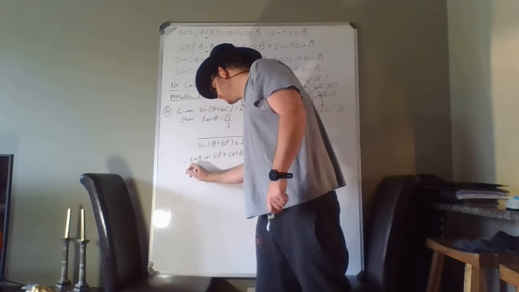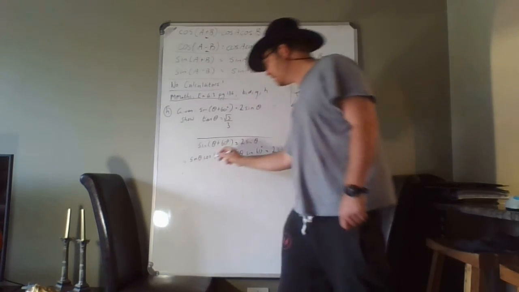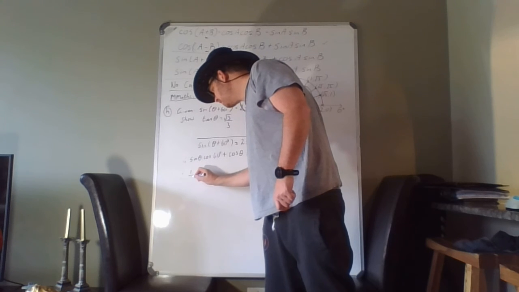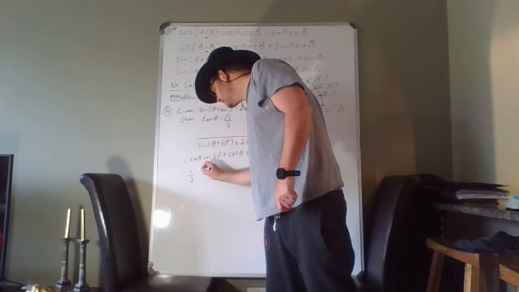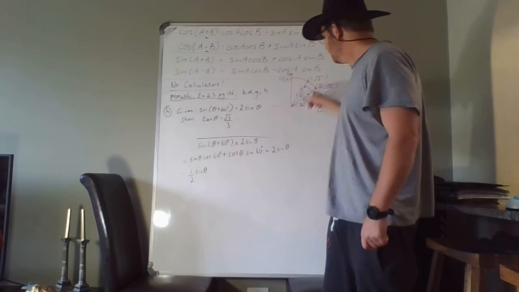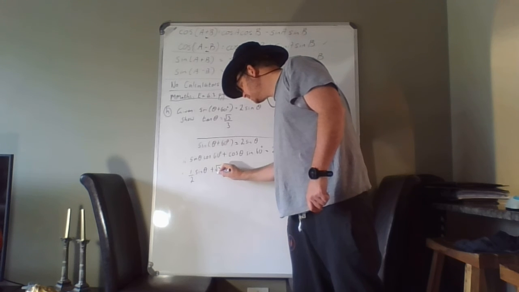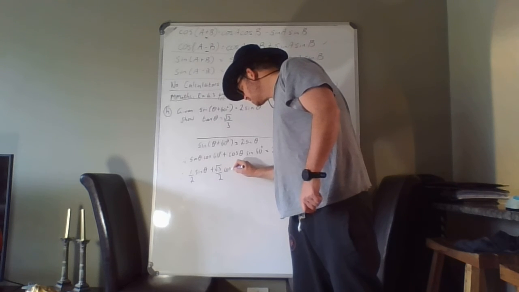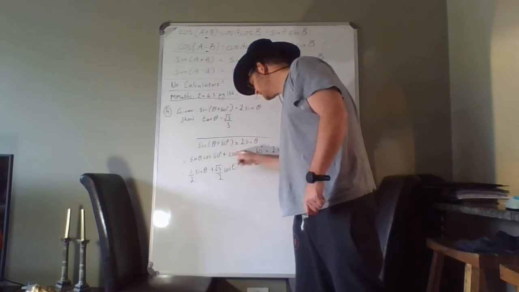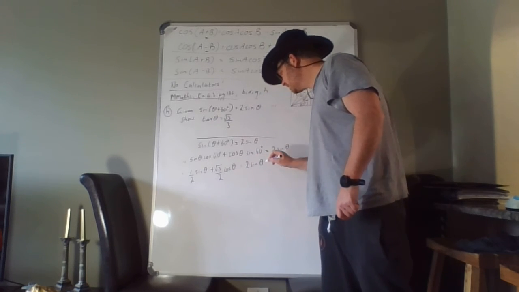Cos of 60 is x over r, which is a half. So I get a half sine theta. Sine of 60 is y over r, which is root 3 over 2. So plus root 3 over 2 cos theta, and that's equal to 2 sine theta.